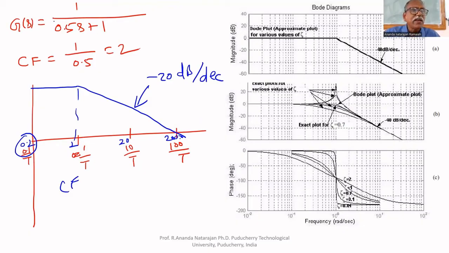Suppose I am having 0.5 S plus 1 whole square. Then what you will get?